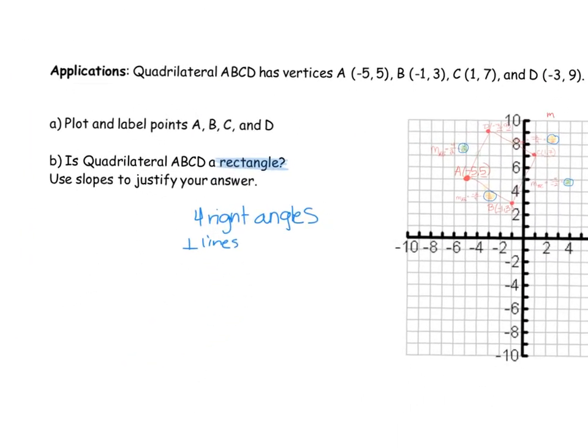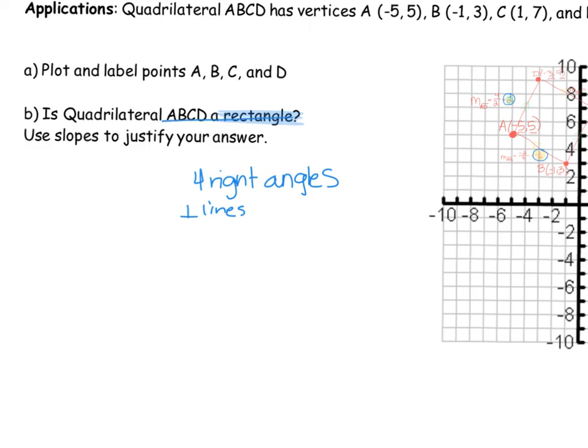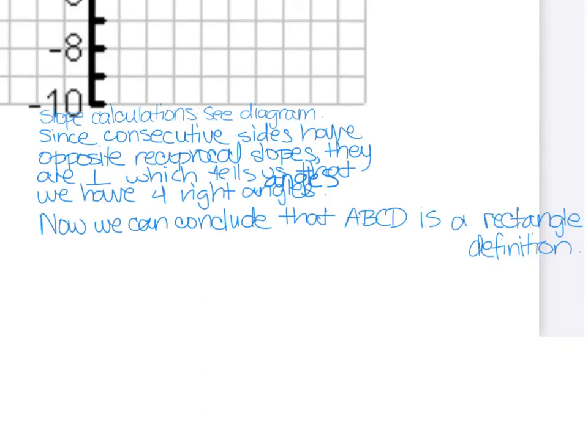So now I can confirm that quadrilateral ABCD is a rectangle, and my explanation should include my calculations for the opposite reciprocal slopes, as well as an explanation saying that when consecutive sides have opposite reciprocal slopes, the segments then form perpendicular lines, which makes it 4 right angles, which makes it a rectangle by definition. Kind of sounds like our proofs from earlier in the year. So your final explanation should look something like the explanation written here.